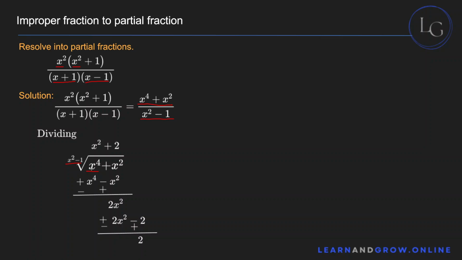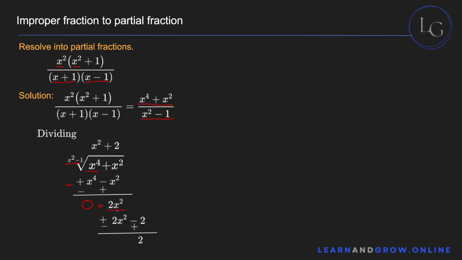When you do that, the x to the power 4 terms will be cut out, because obviously it's being subtracted. And since this entire term is being subtracted, this minus x square will become plus x square. So plus x square will give you 2x square. And obviously this becomes 0.